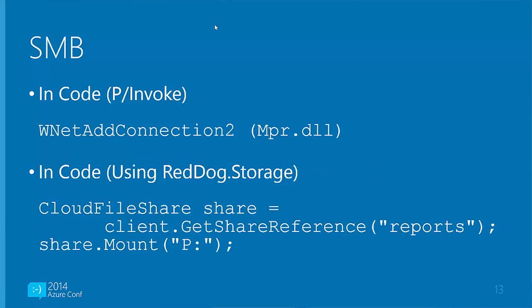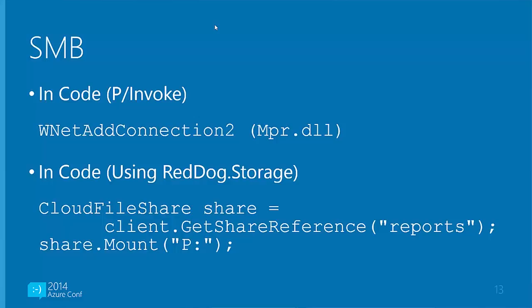Okay. Now, typically when you're deploying a cloud service, which would be a web and a worker role, you'll be using some code that will be running in the WebRole.cs or the WorkerRole.cs OnStart method.